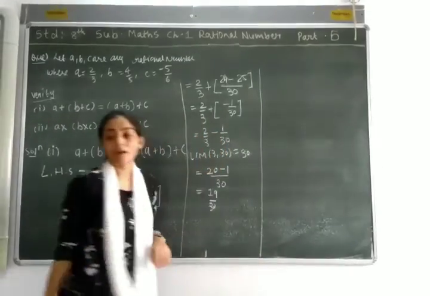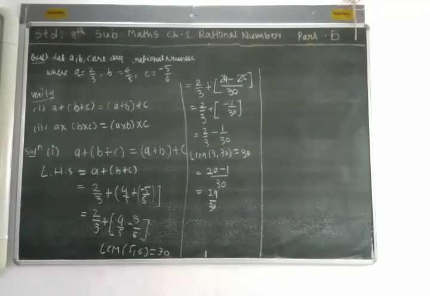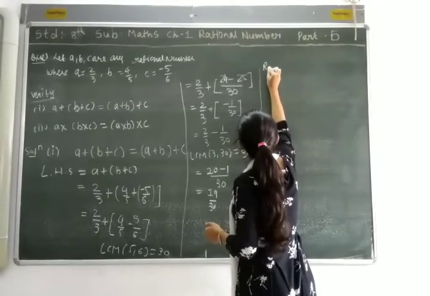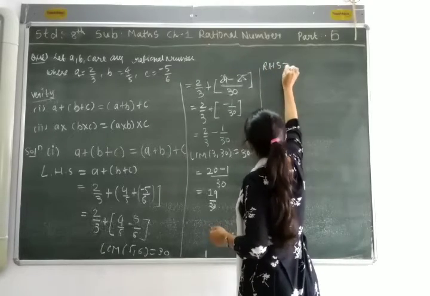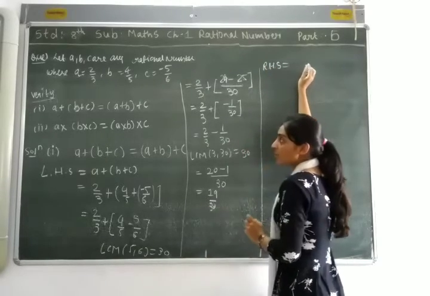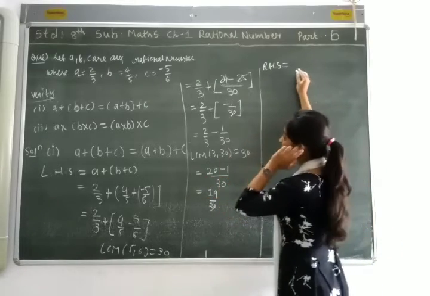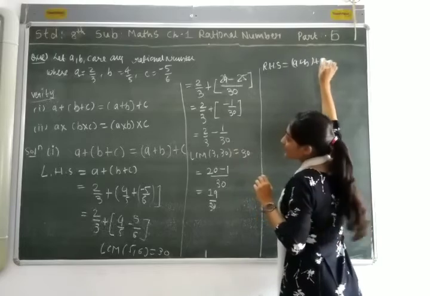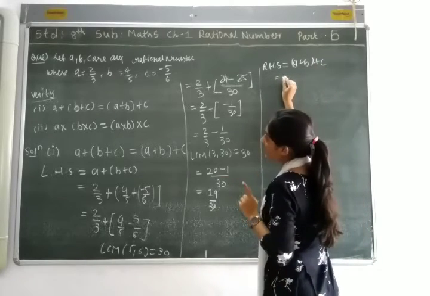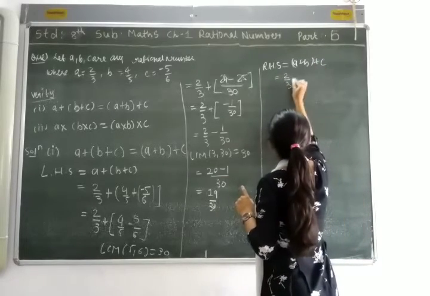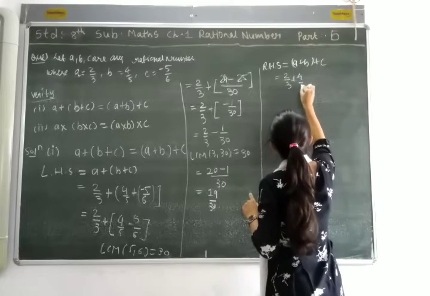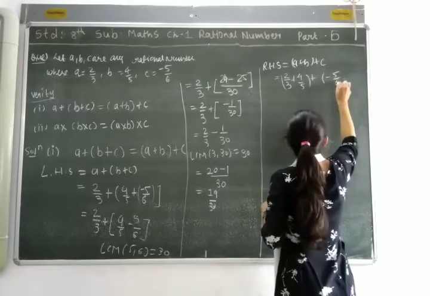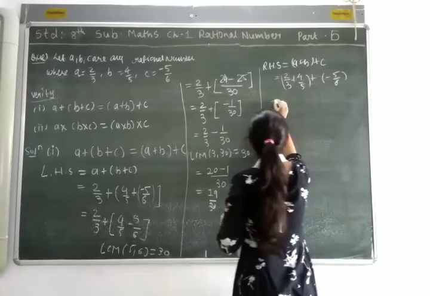Now similarly, take the right hand side part and put in all these values, to see whether I get the same resultant value or not. So (a plus b) plus c. My a is 2 by 3 plus 4 by 5, plus minus 5 by 6.